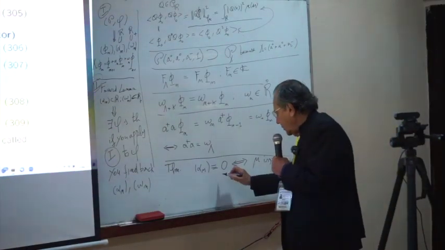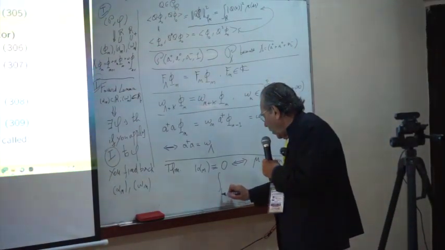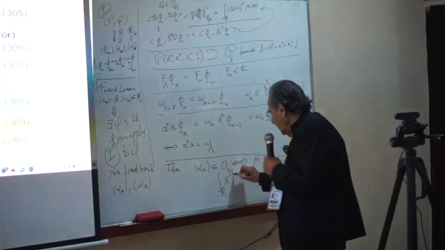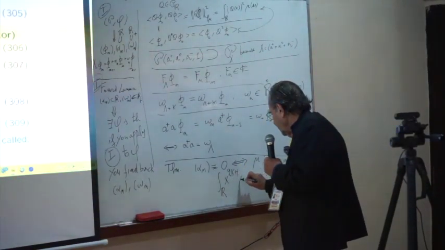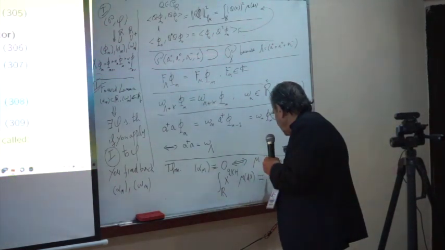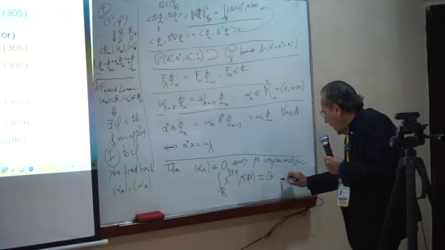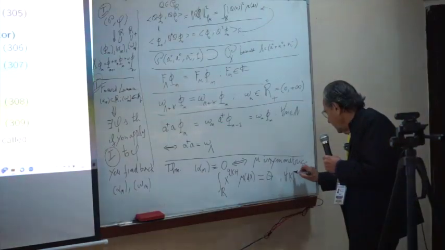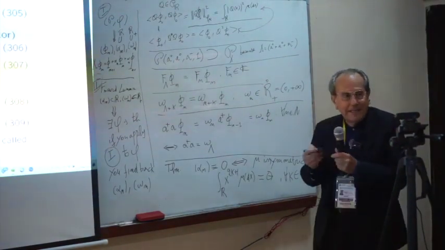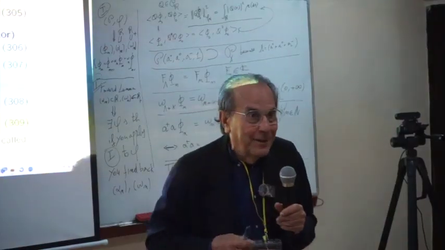Symmetric means that the odd moments are all zero for any k. So you see, in physics, alpha n is always zero.